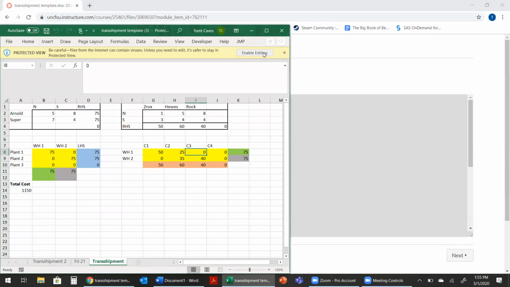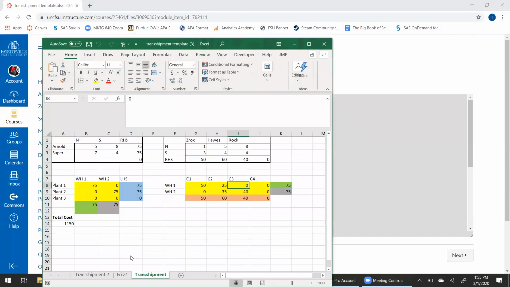And for this template, the transshipment tab is the only one that we're interested in. These other two you can delete when you're ready to submit your assignment.